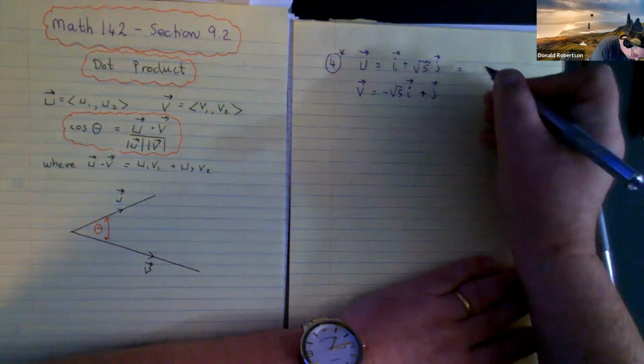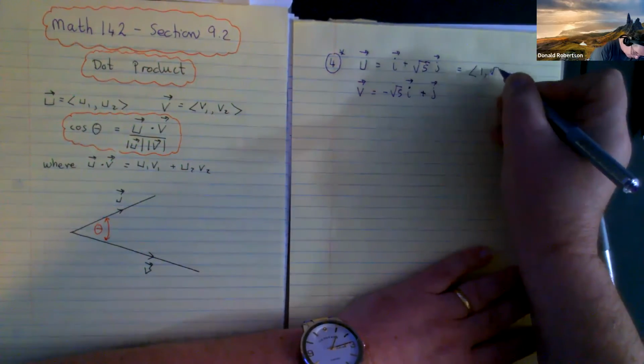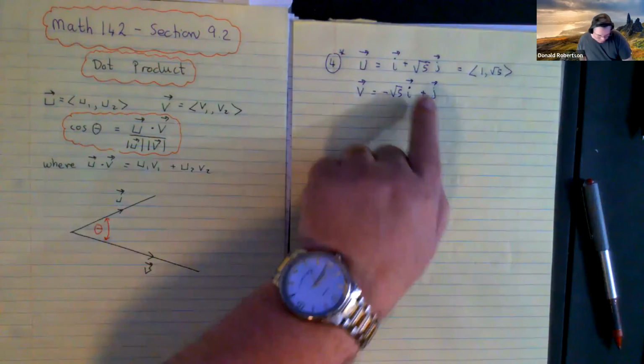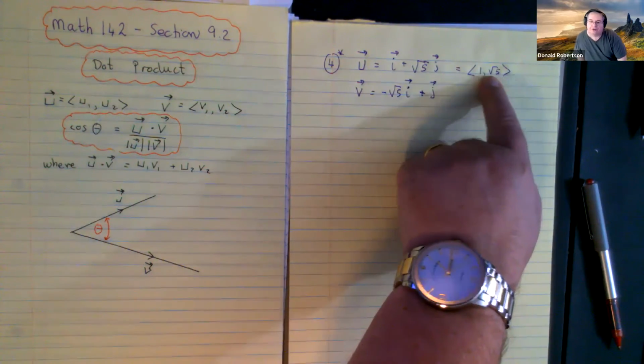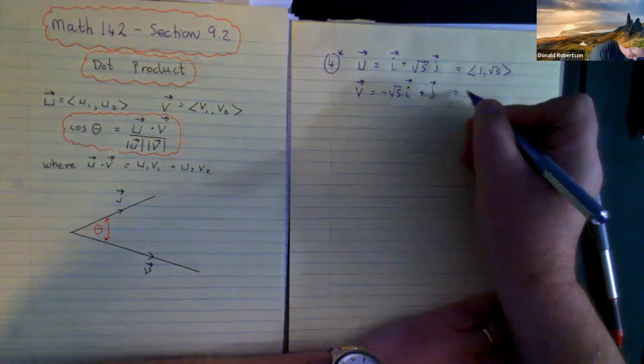I don't like this notation because I'm far too careless for my own good. 1 in the x, √5 in the y. So I transfer it to this notation, which I just feel easier to deal with.